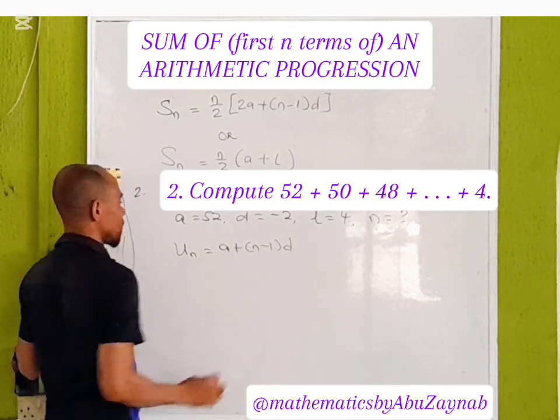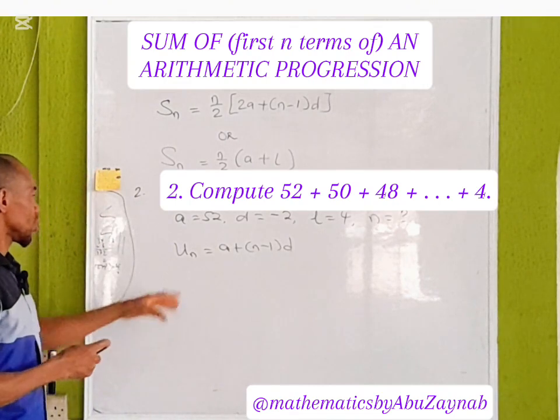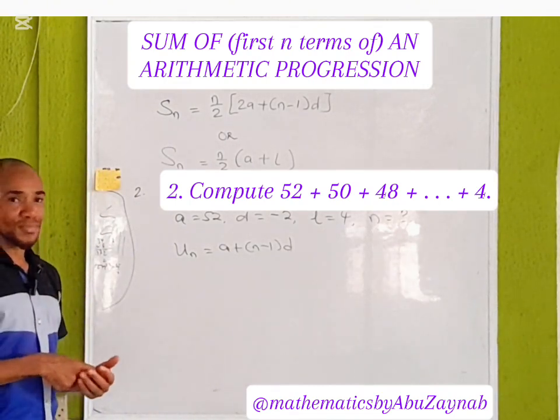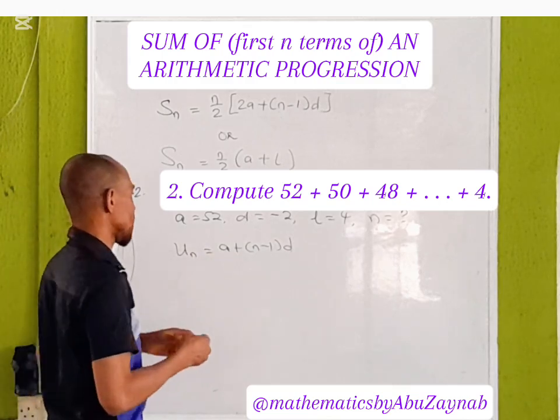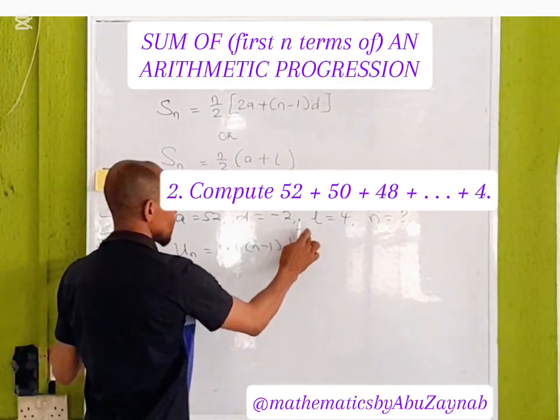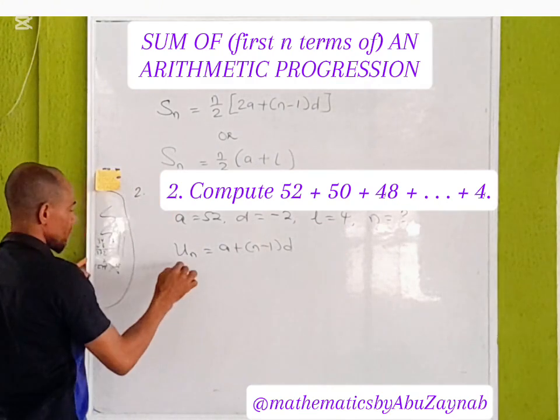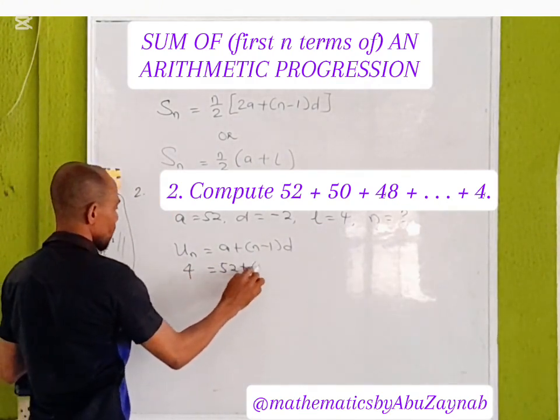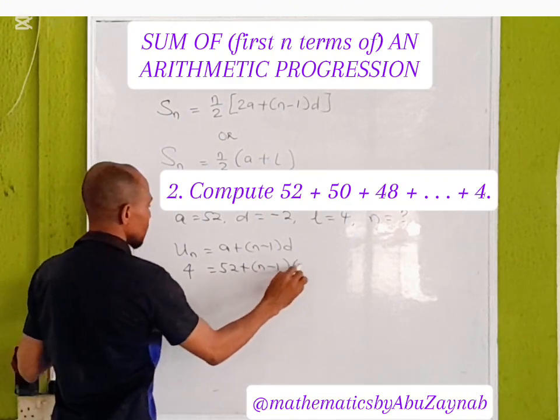I remember in our very first or second video that Un doubles as the nth term as well as the last term. So in this question, we apply the last term. L, being the last term, is also the nth term. You simply say 4 equals 52 plus (n minus 1) times d, and d is minus 2.